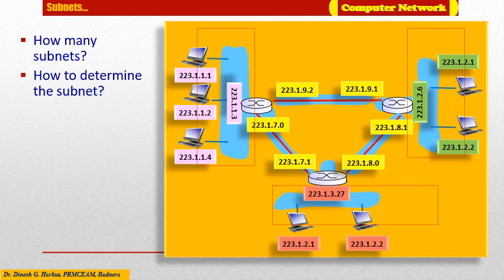To get some more insight, consider three routers that are interconnected with each other by point-to-point links. Each router has three interfaces.